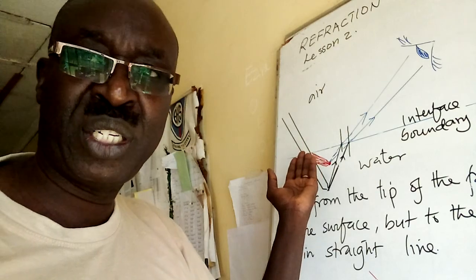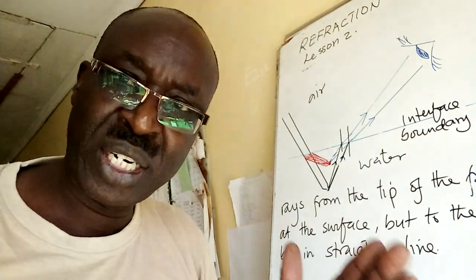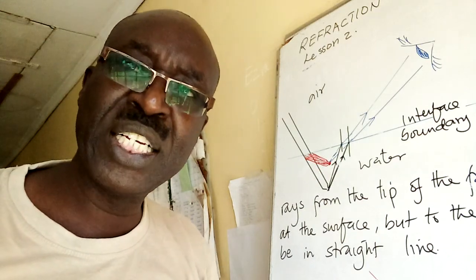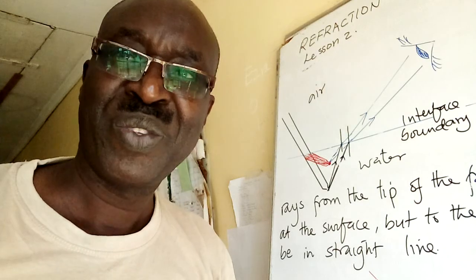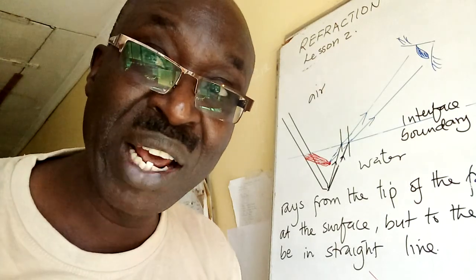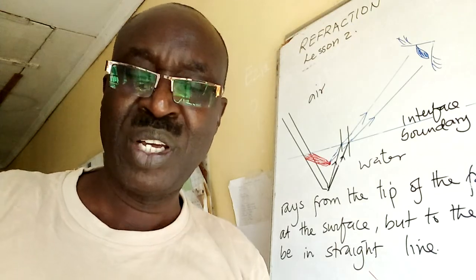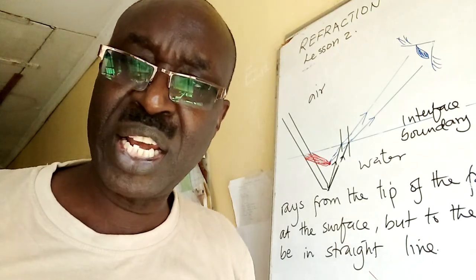This is when it is put at an angle. This is when you are looking at it straight. The bottom line is the tip appears raised. A new term I've introduced there, real depth and apparent depth. So next lesson we are going to see how the bending happens. What law, if any, governs the bending?